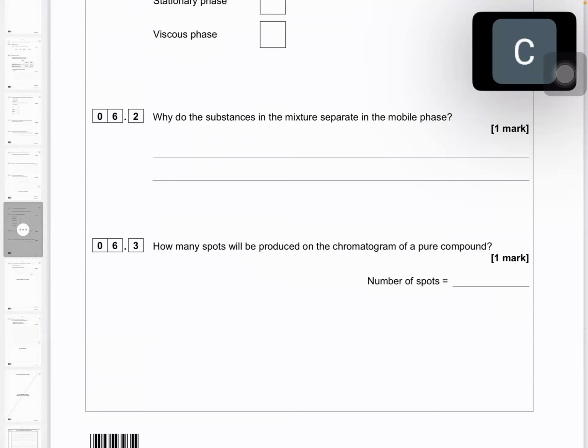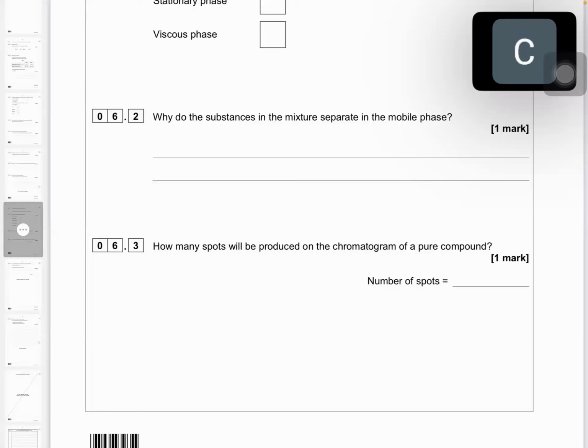It says how many spots will be produced on the chromatogram of a pure compound? What do you think? If something is pure, what does that suggest to you? That is zero spots.